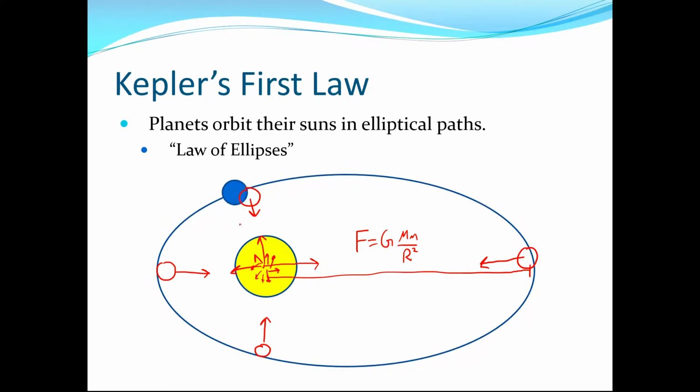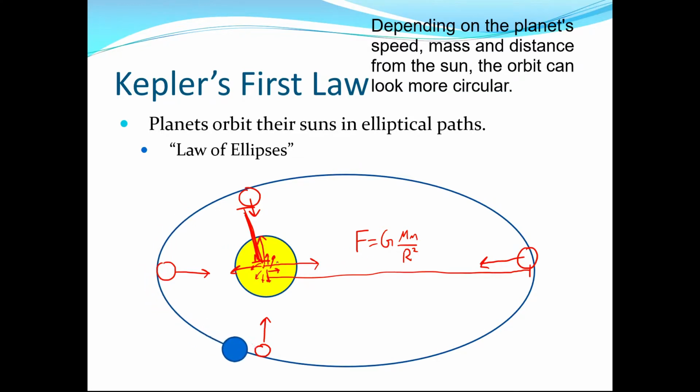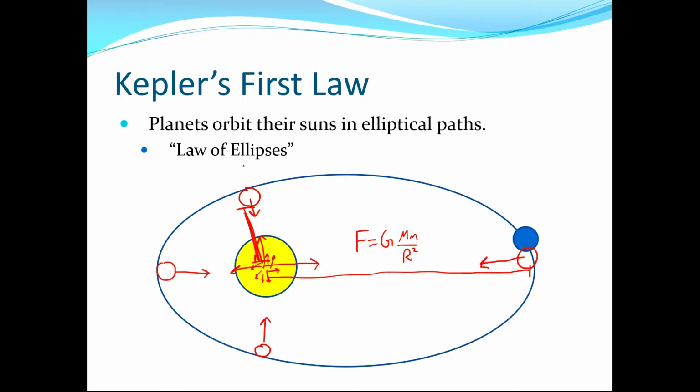Whereas over here, the distance they're separated is a bit smaller, so the force of gravity is stronger here, so they experience more of a pull here. So that's part of the reason why they travel in an elliptical pattern, because the forces aren't equal throughout the orbit. Okay? And that's Kepler's first observation of planetary paths.